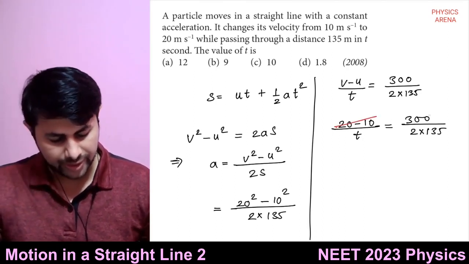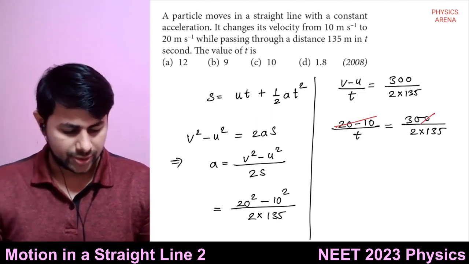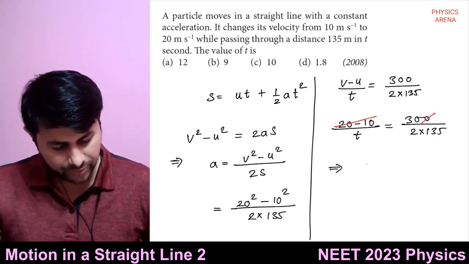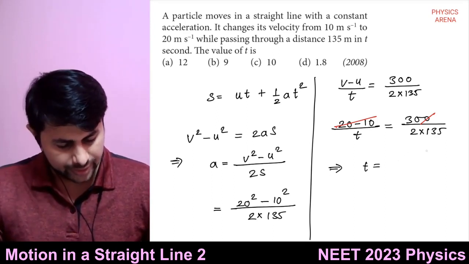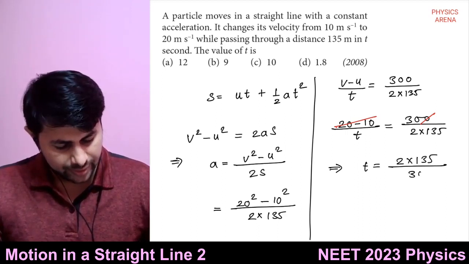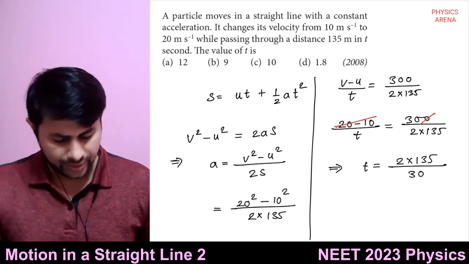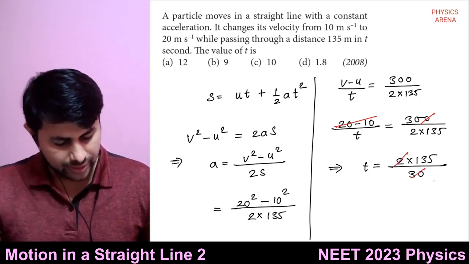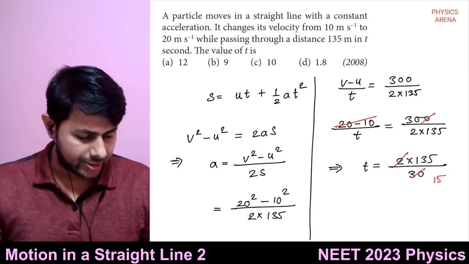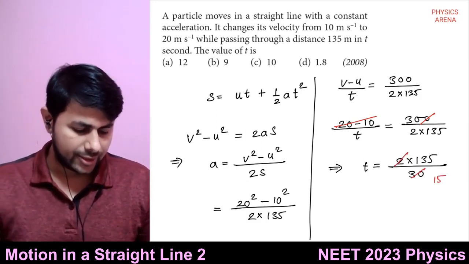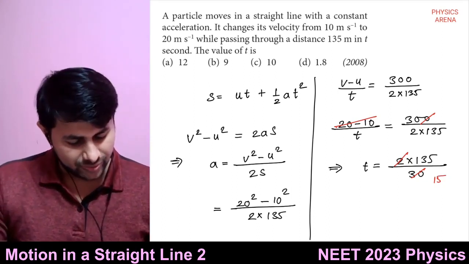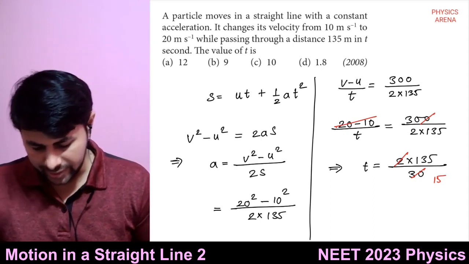So 1 will remain here. So 30 divided by 2 multiplied by 135, and therefore t is equal to what? It is 2 times 135 divided by 30. Here too you can cancel out this 2 with 30, 15 will remain. 2 ones are and 2 15s are, or 15 twos are. So 135 divided by 15 is 9.